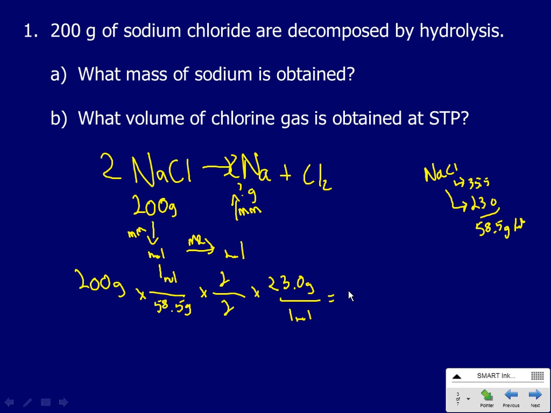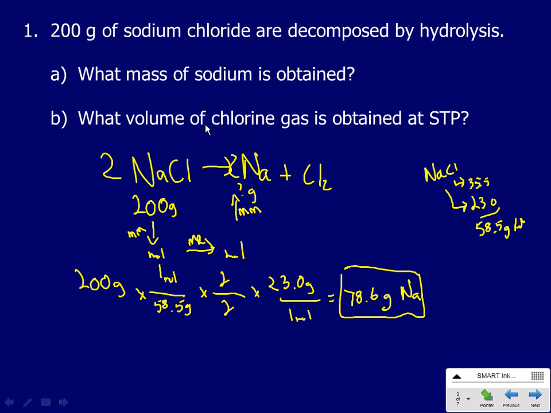Carissa, what do you got there? Grams Na. You can put that, but not a big deal. You don't have to. 3 significant digits. Excellent. If this was a test, I ask you to put a box around it so my eyes can be drawn to it. Makes it easier for me to do the marking.